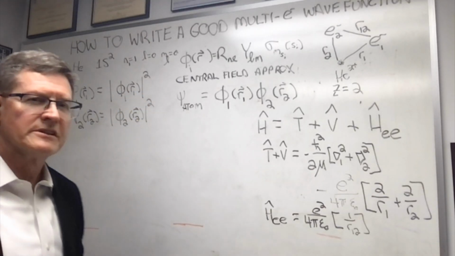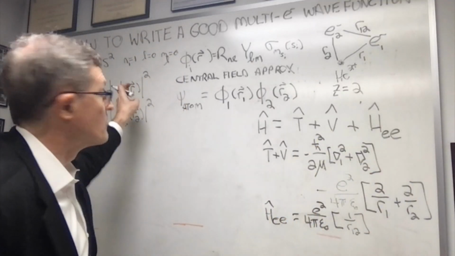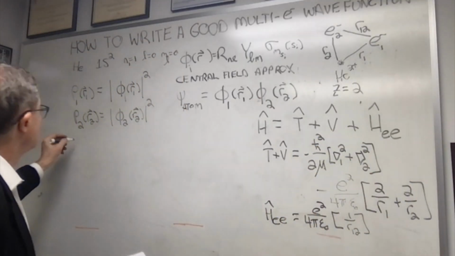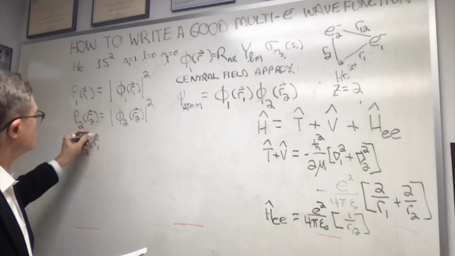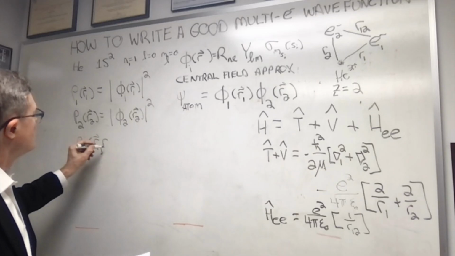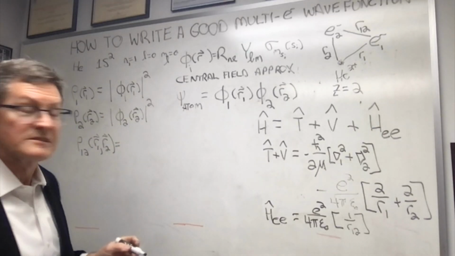What about the probability of finding both electrons? 1 electron at R1 and 1 electron at R2. The probability of finding electron 1 at R1 and finding electron 2 at R2 simultaneously would just be the product of these 2.